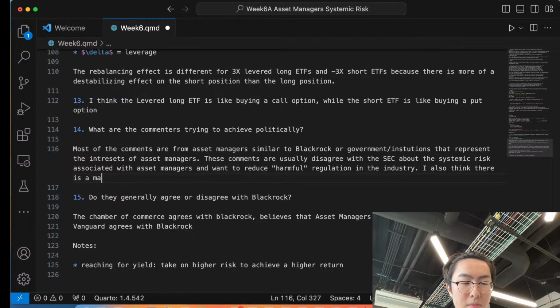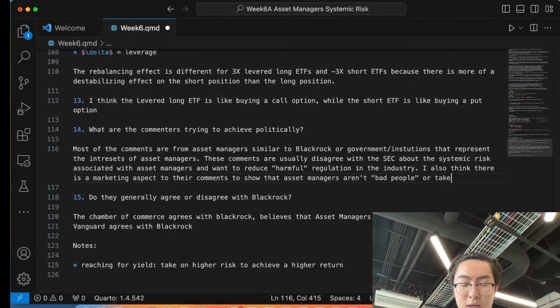There is a marketing aspect to their comments to show that asset managers aren't bad people.